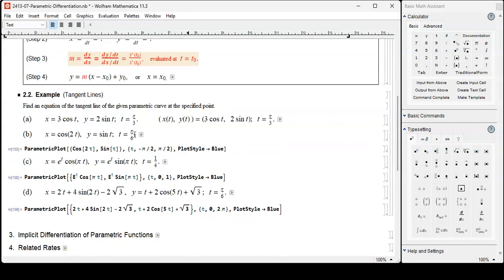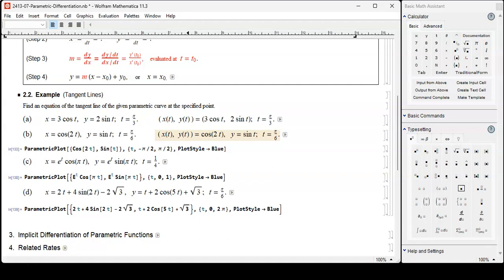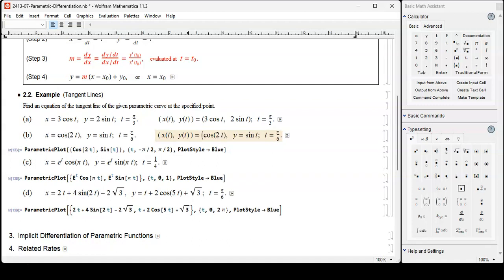Okay, let's go to the next problem here. X is cosine of 2t, y is sine of t. I could have given the problem like this, or I could have given you a problem like this. X of t, comma y of t. And then put together like this.